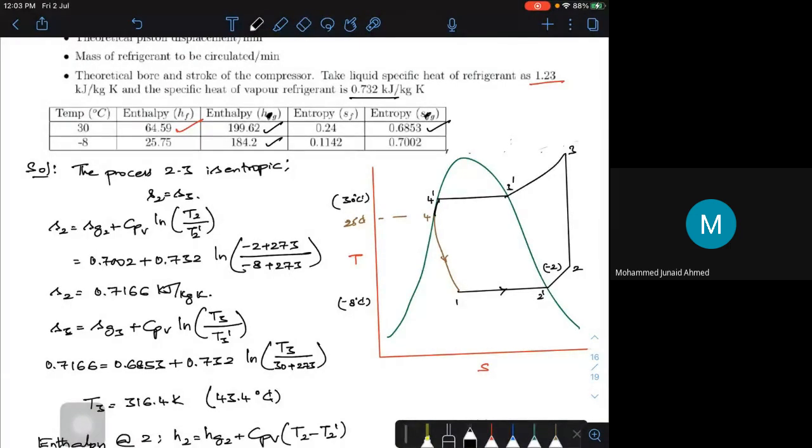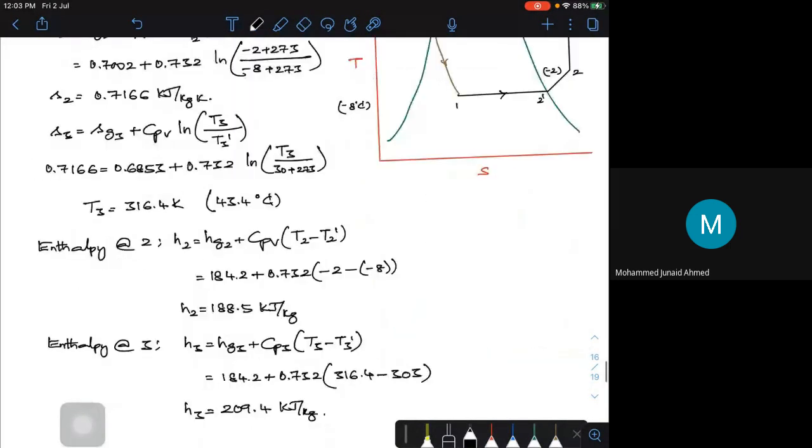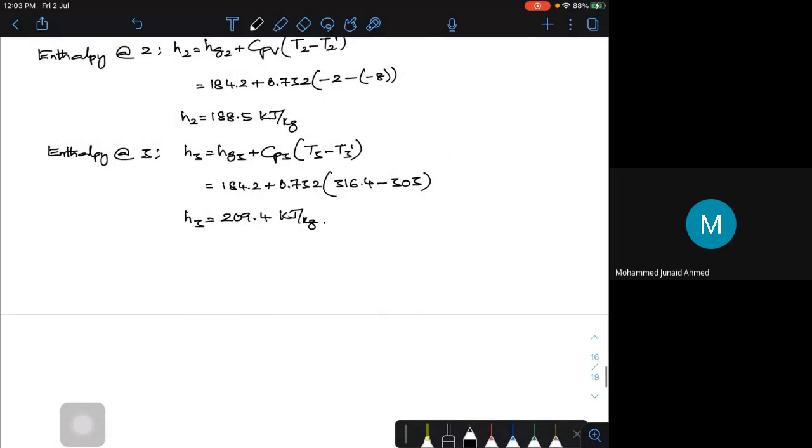So enthalpy at 4: H4 is equal to H4 dash minus Cp into T4 dash minus T4.